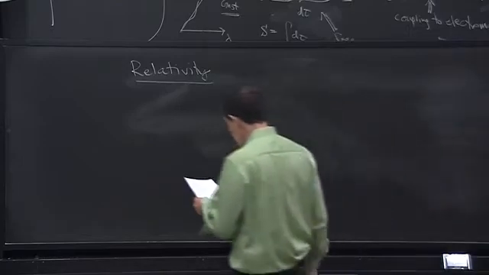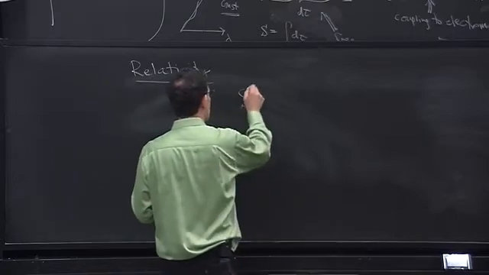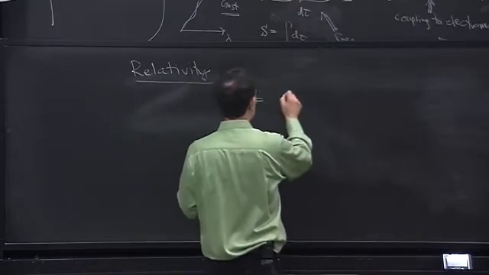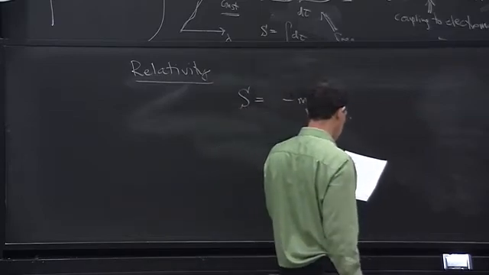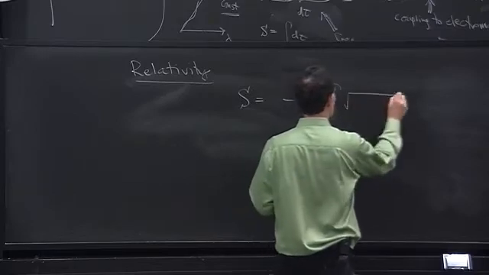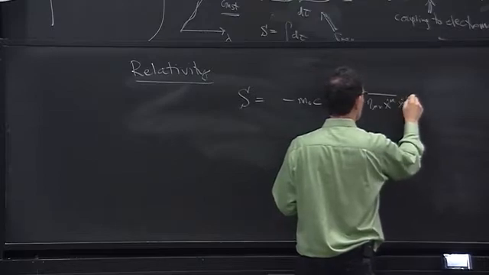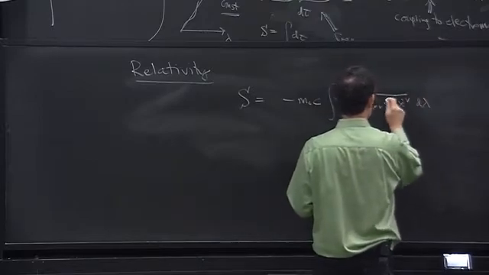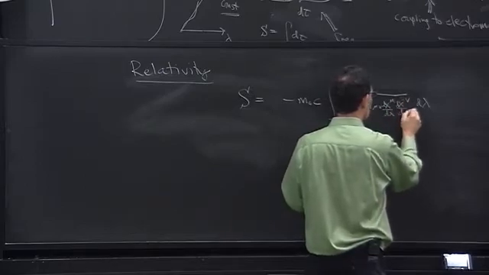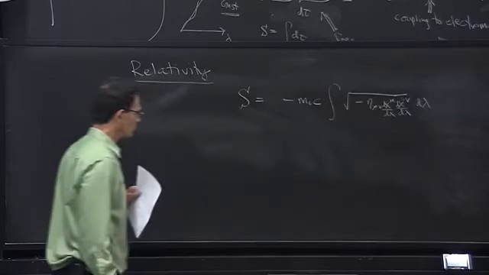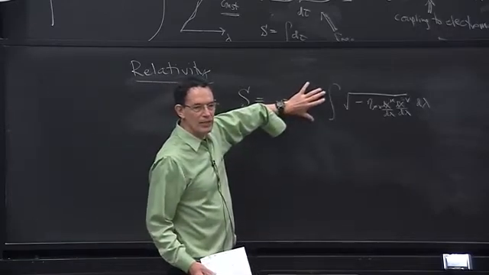So in relativity, this gets a lot more interesting, because let's start from this action. Okay, this you're just taking on faith, this minus m naught c.